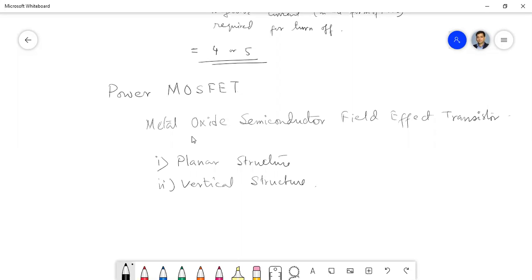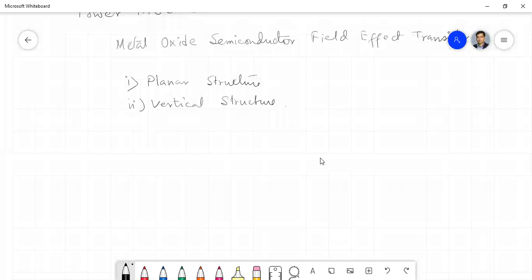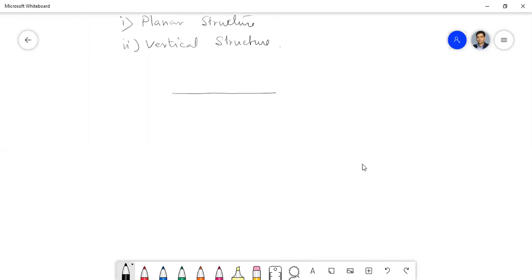So first I will draw a vertical structure, then we'll go for the discussion of working principle. Let us draw a power MOSFET in its vertical structure.